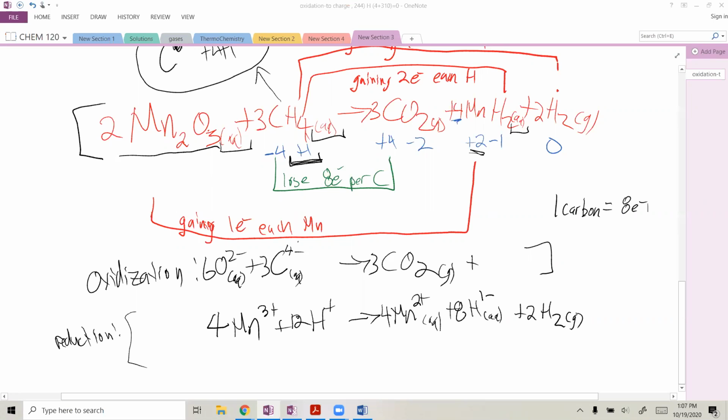Do you guys kind of get what I'm asking, or are we a bit lost? Do we just add up the total number of electrons on the reactant side?